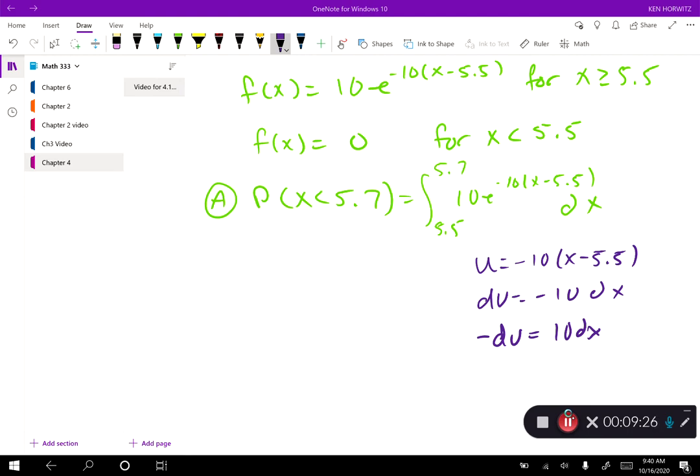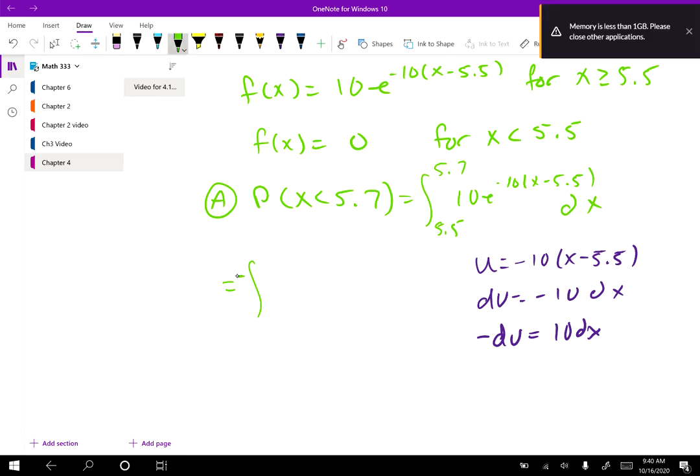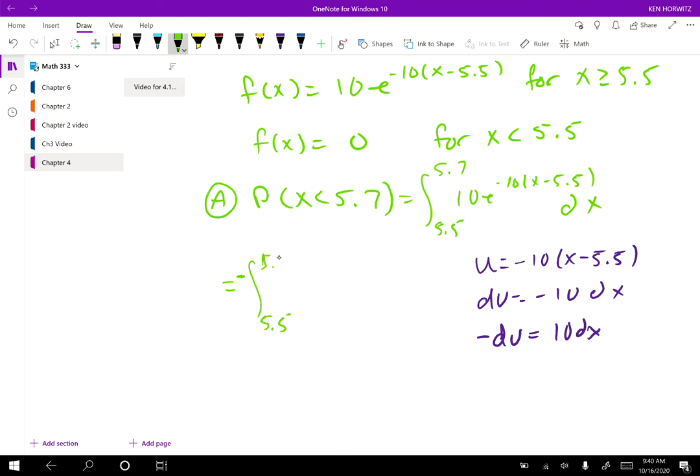So we can say that this equals the negative integral from 5.5 to 5.7 of e to the u du, and then it's negative integral of e to the negative 10 x minus 5.5 dx.